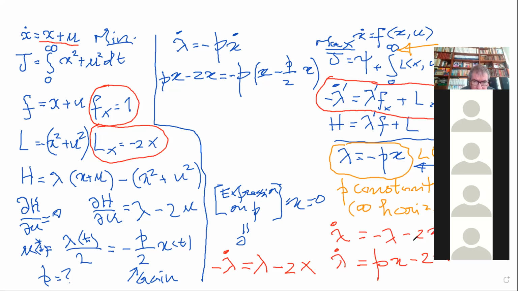Oh, this is plus, sorry. When you cancel this minus, it becomes minus lambda plus 2x, and lambda is minus p x. I'm sorry, no, it's correct: minus p x plus 2x.